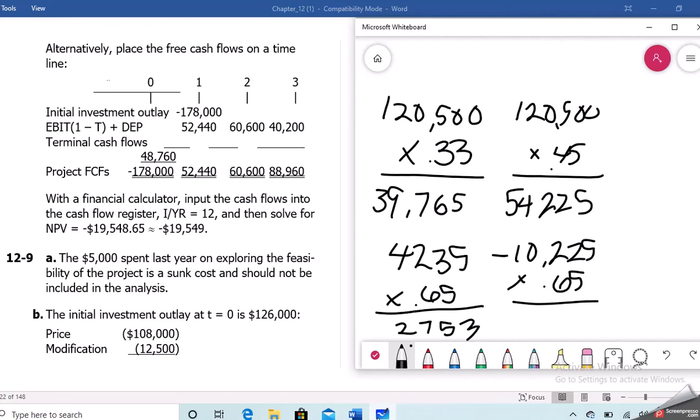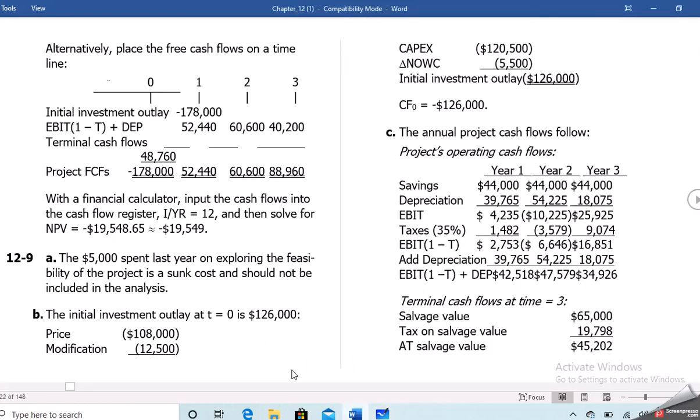That gives us a negative 6646. And then we take that negative and we add back our depreciation of 54,225. We get the 47,579, which would be our cash flow for year 2.